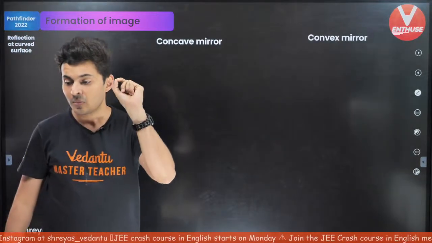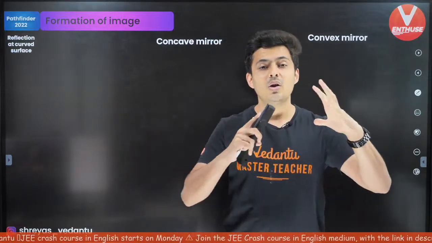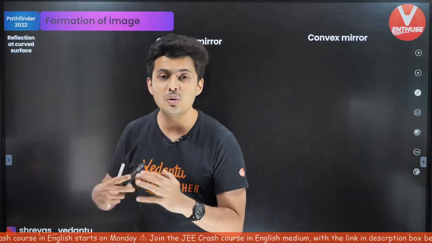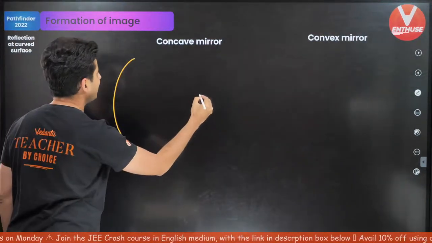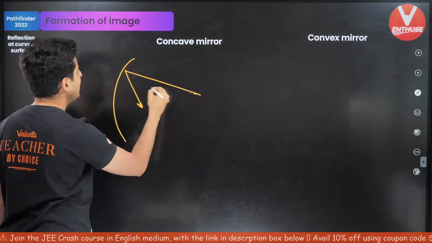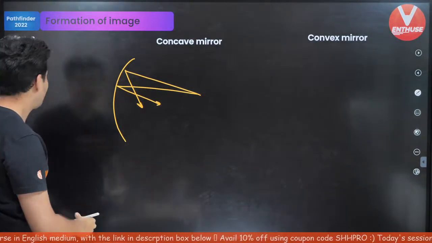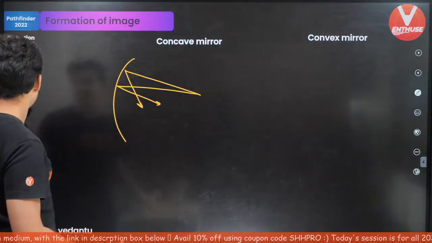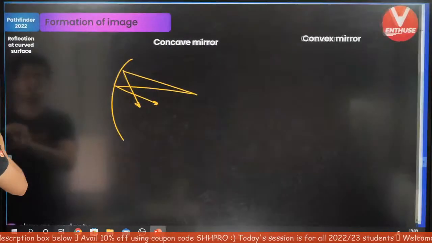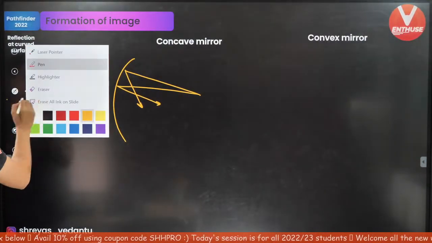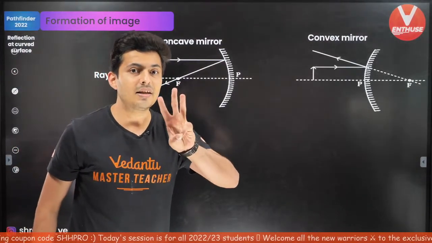So when you want to locate the image because of a concave or convex mirror, you need to know how the rays will travel. Just imagine, when you have a concave or convex mirror, there will be so many rays reflecting in so many different directions. How do you exactly locate where the image is formed? So it will be better if we have some kind of a rule right over here. And that rule is very simple. Use one of these 3 rules to locate the image.